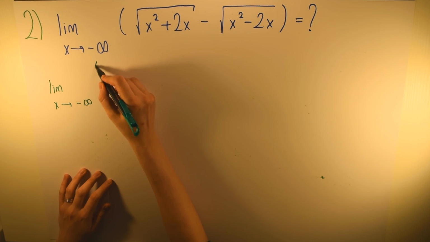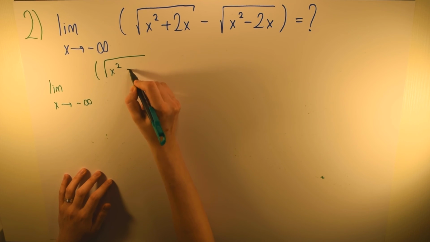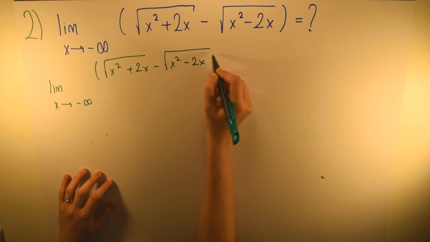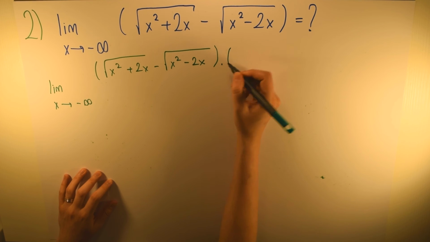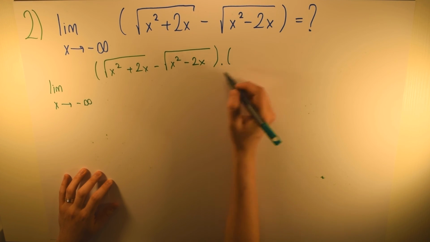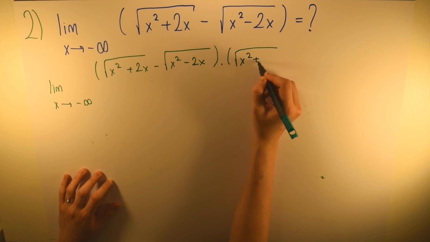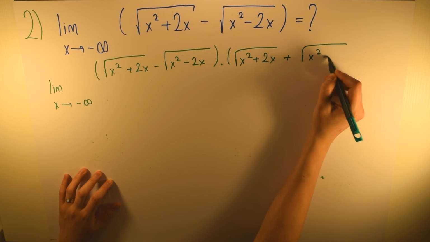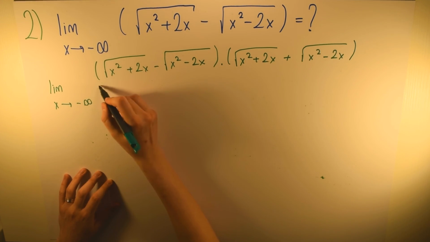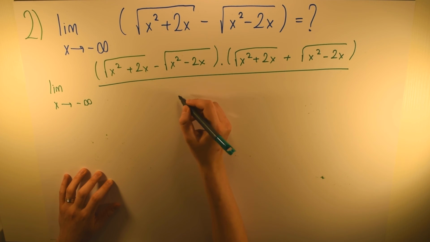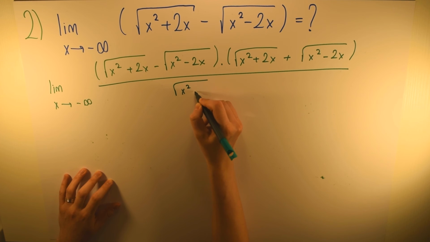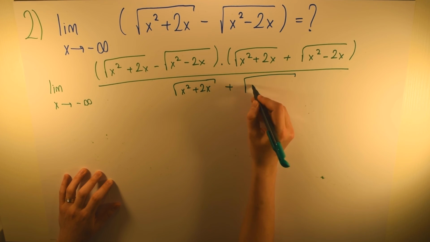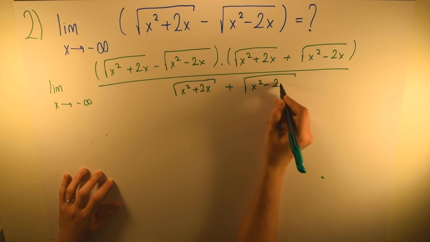We write the square root of x squared plus 2x minus the square root of x squared minus 2x, times, I multiply by its conjugate, which is the square root of x squared plus 2x plus the square root of x squared minus 2x, over its conjugate, the square root of x squared plus 2x plus the square root of x squared minus 2x.